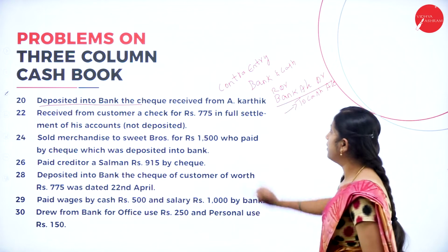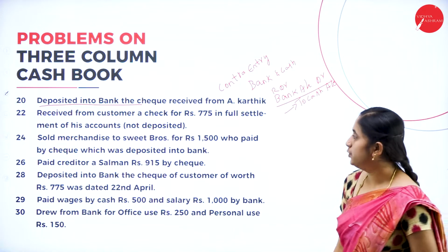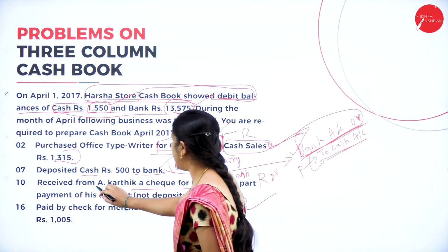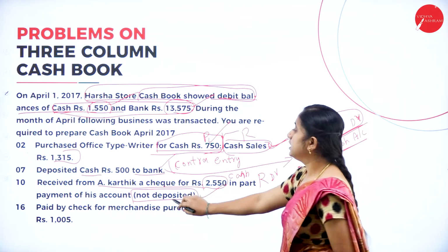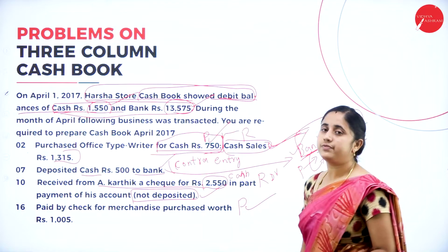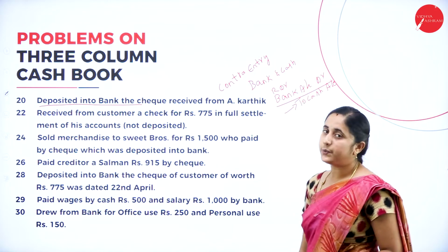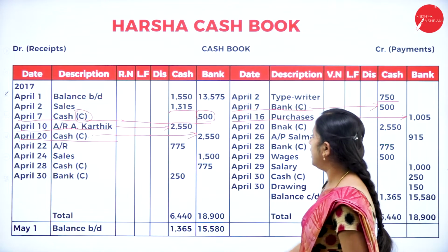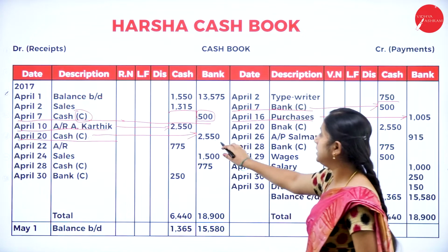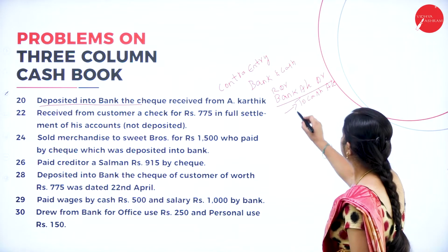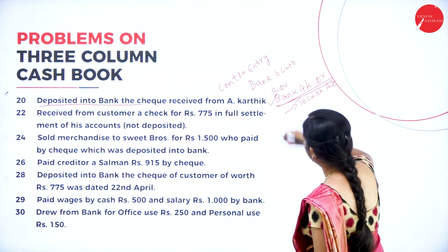For the amount, they have not given it, but you should see the last transaction of Karthik. Here Karthik gave the check for rupees 2,550. So take the amount 2,550 for the April 20th transaction, and write 2,550 in the bank column.